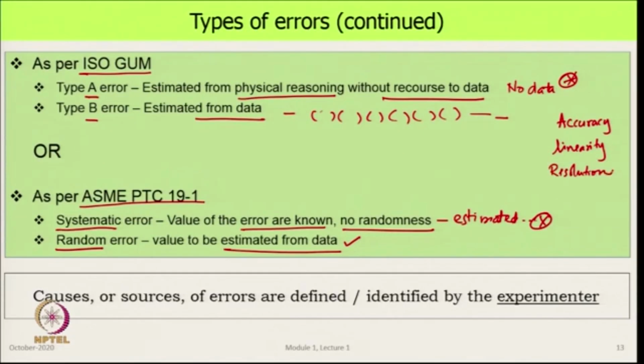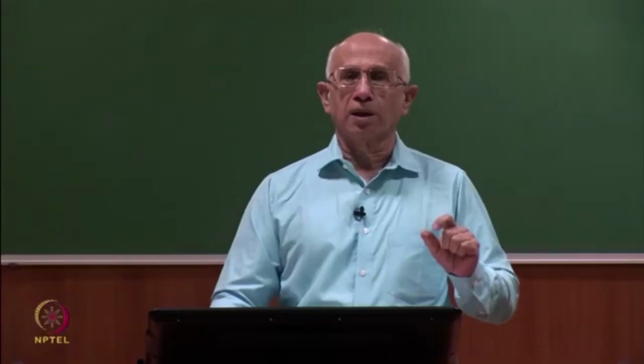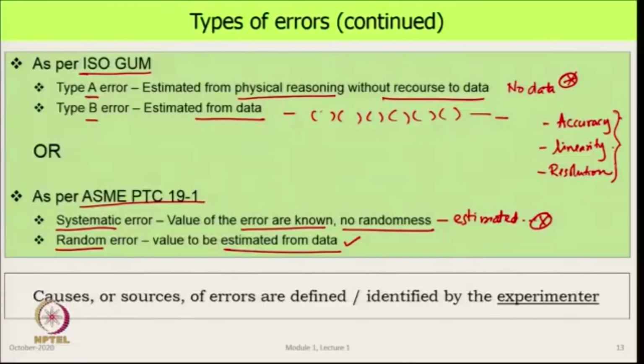The definitions of all these are given in the various standards that I mentioned, but these are things you would have come across when you looked at an instrument or did an experiment. These are things for which we cannot do an experiment to estimate the uncertainty. We have to look at some other data, do some physical or logical reasoning, then use statistics to say that this is the standard error because of these reasons.